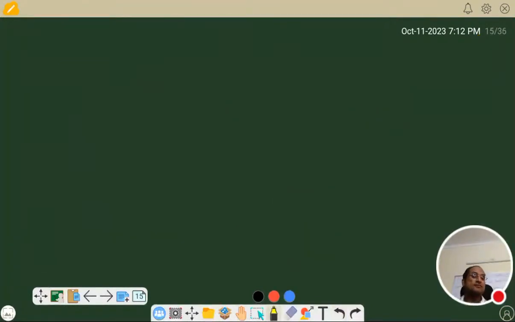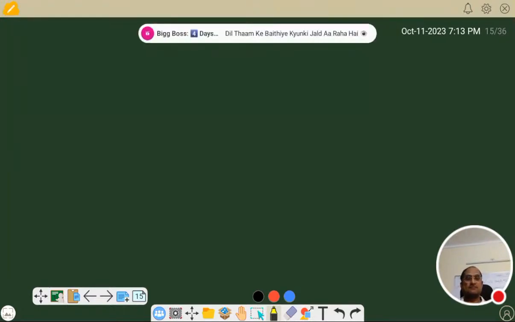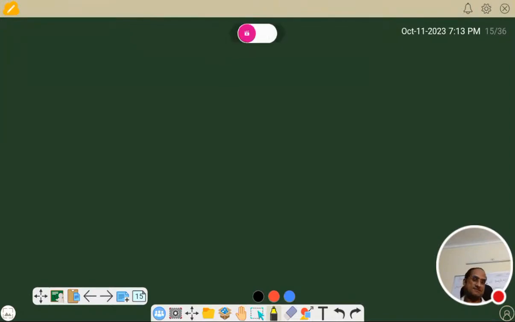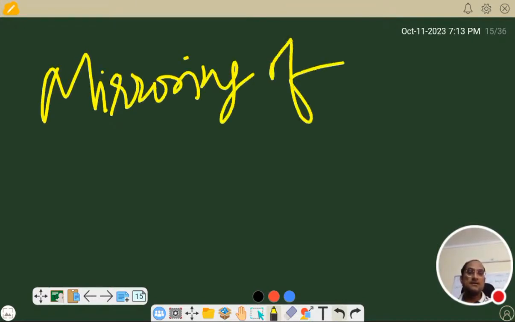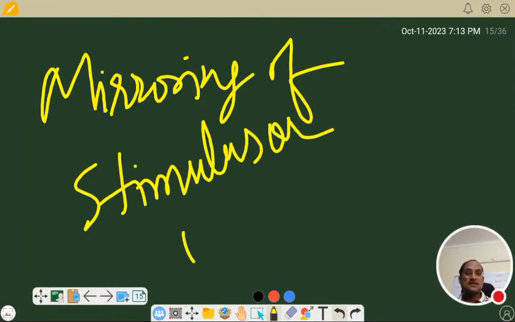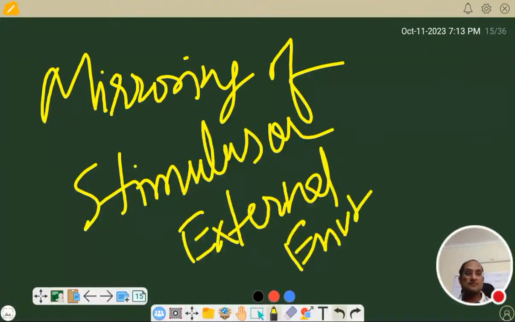External environment defining your behavior completely, one by one. Mirror image, that is called mirroring of stimulus or external environment by behavior.